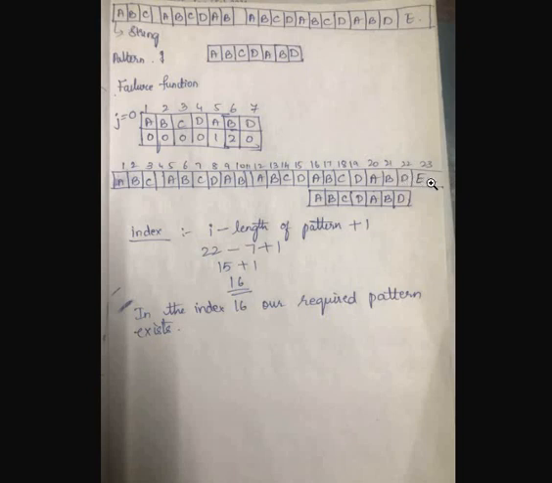See, the total length is 23, but our pattern exists till 22 itself. So consider that only. 22 minus length of pattern, which is 7, isn't it? Our given pattern is 7. Take it as 7 plus 1. 22 minus 7 will be 15. 15 plus 1 is 16. See here, in the index 16 our required pattern exists. Check here, in the index 16 only our pattern is existing.